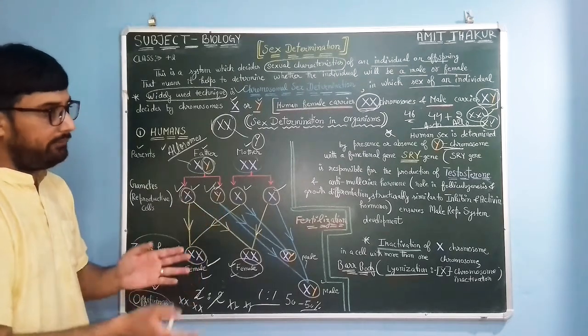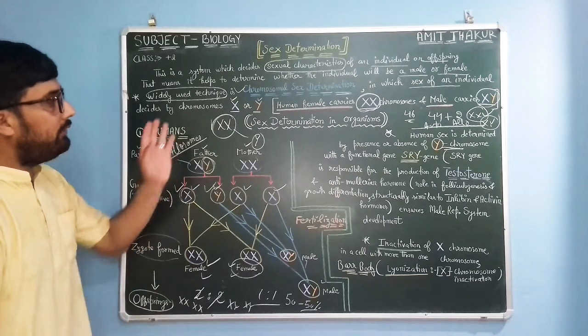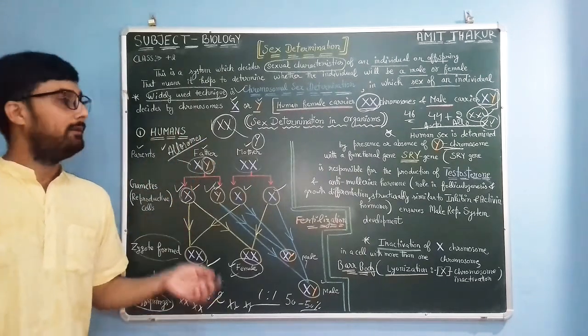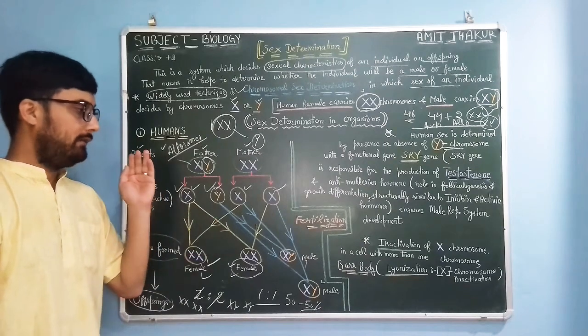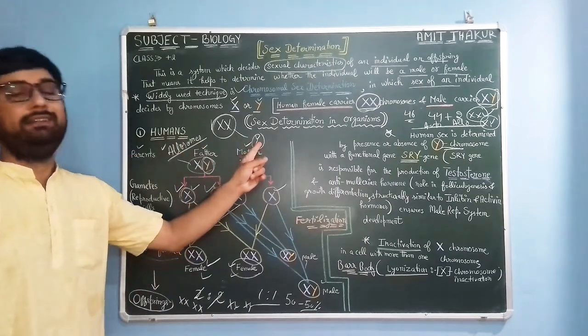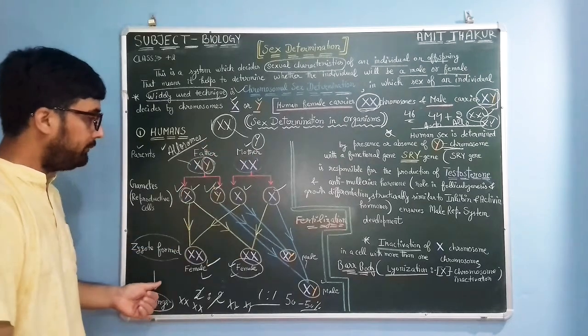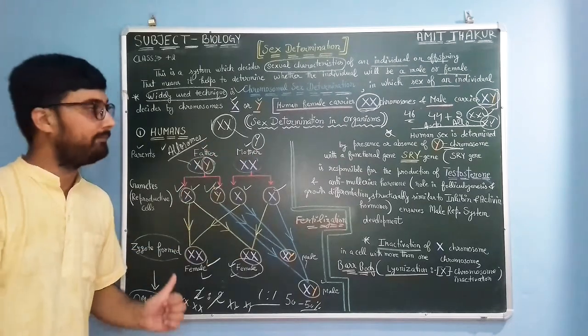So there are 50-50% chances. So the female sex is a default sex of an individual, but in case if it receives Y chromosome, then that child or that offspring would be a male.